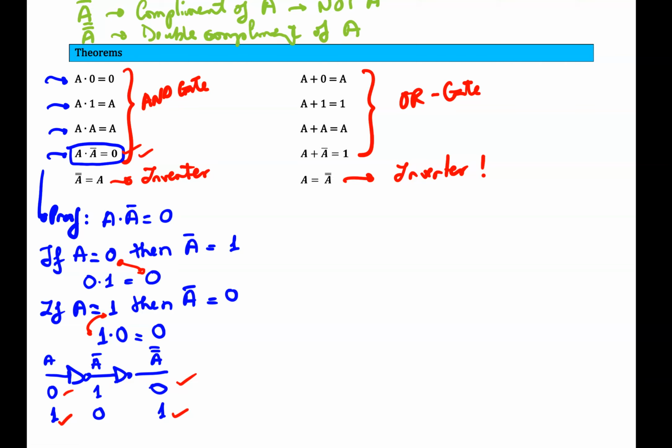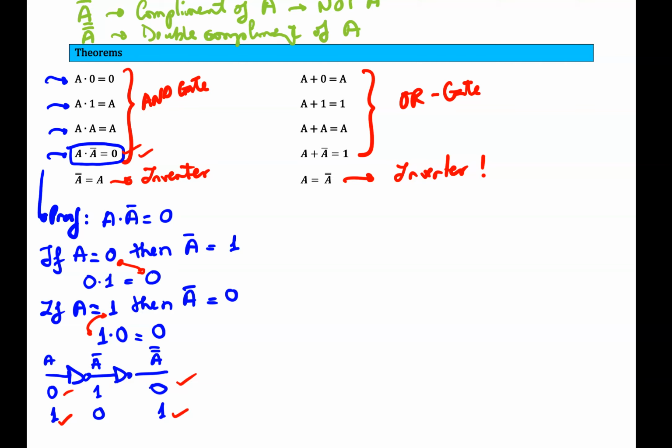Alright, so let's move on and prove our OR gate in this case. Remember that in an OR gate, as soon as you see an input of 1, your output has to be 1. So the only time that you have a 0 output is when both of your inputs are equal to 0.